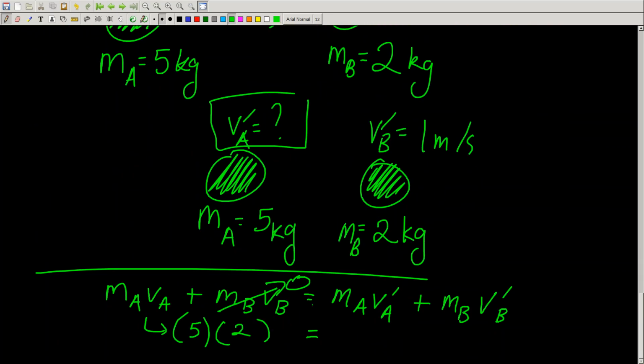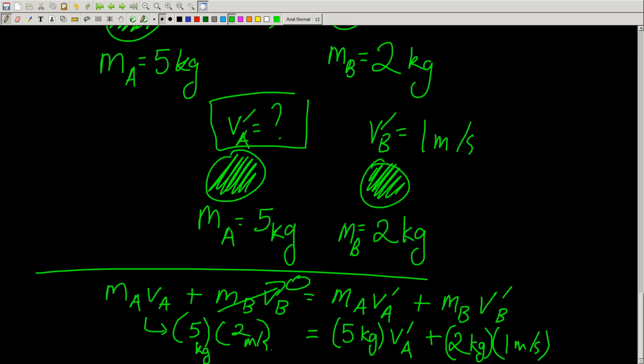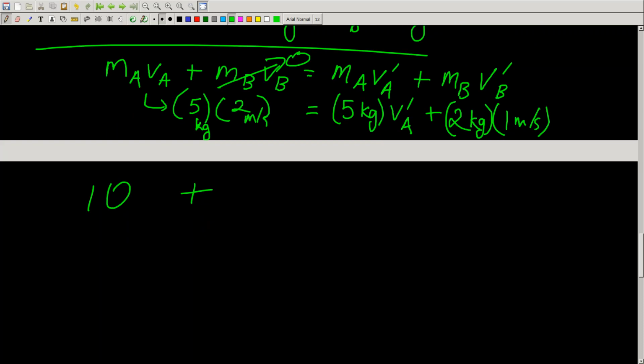And VB's new velocity, let's just write MA here, VB's velocity after the collision is 1 meter per second. So all I have to do, I forgot these units here, all I have to do is isolate for VA. Okay, so if I run through this calculation, what I'll find is that I've got 10 plus, let me just show you how I got that.